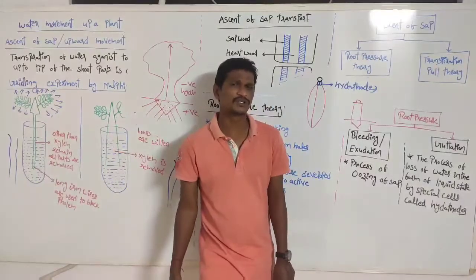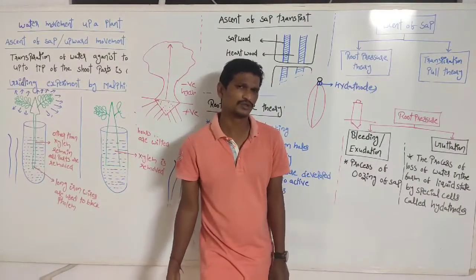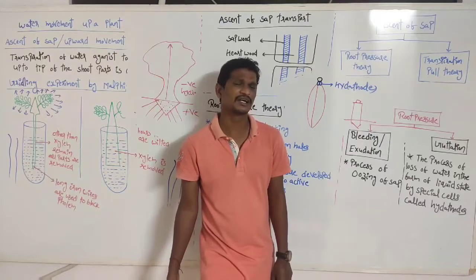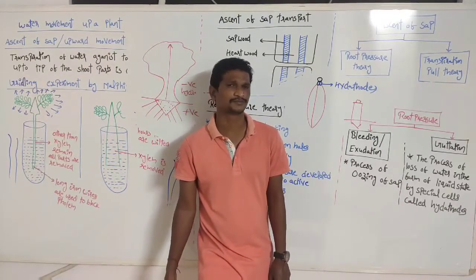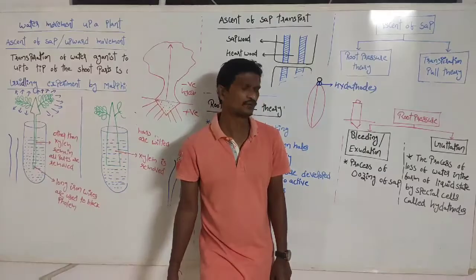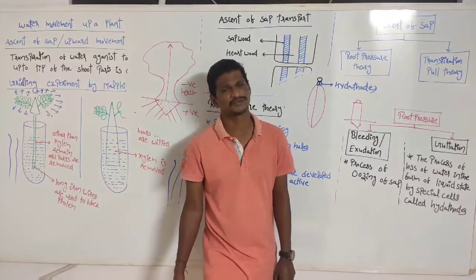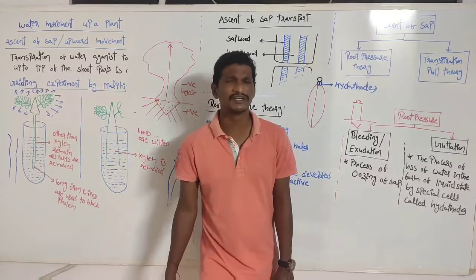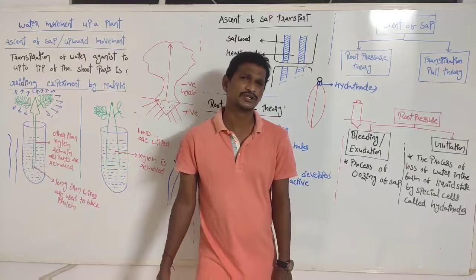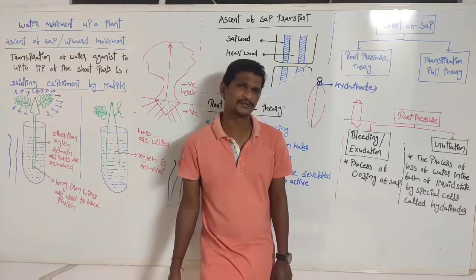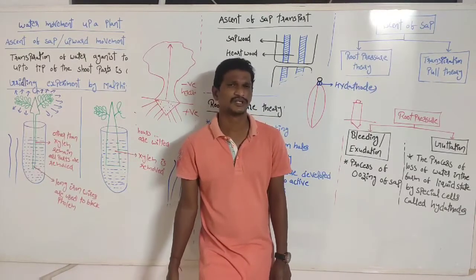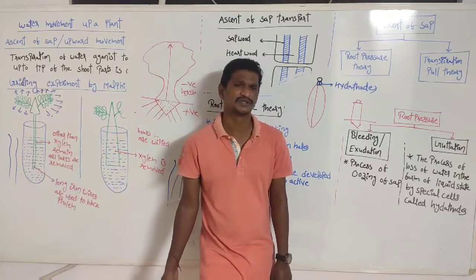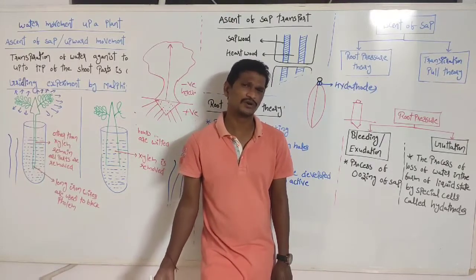Root pressure is more during the night and the early morning. The main concept is that during the night time there is no transpiration. If transpiration takes place, minerals are transported along with the water molecules.